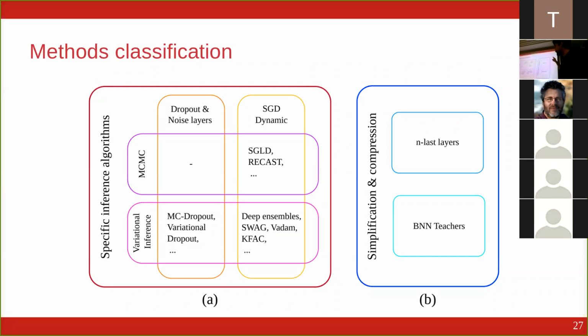First, you can use only a few Bayesian layers at the end of the network. Another one is learned deterministic transformations, which allow you to simplify things a lot. And you can also use Bayesian neural network teachers to try to compress the knowledge of the Bayesian neural network in a point estimate network. Why would you do that? Well, to avoid having to perform the marginalization at the end during the prediction step.